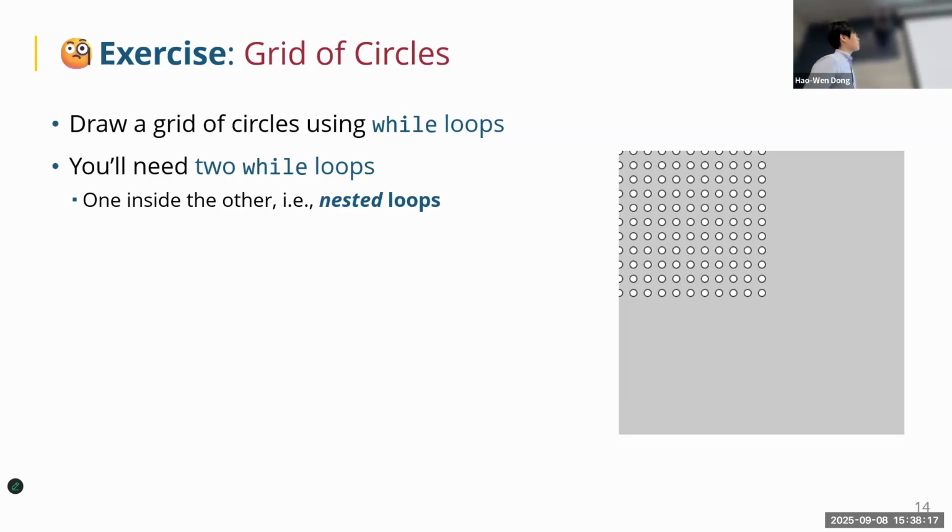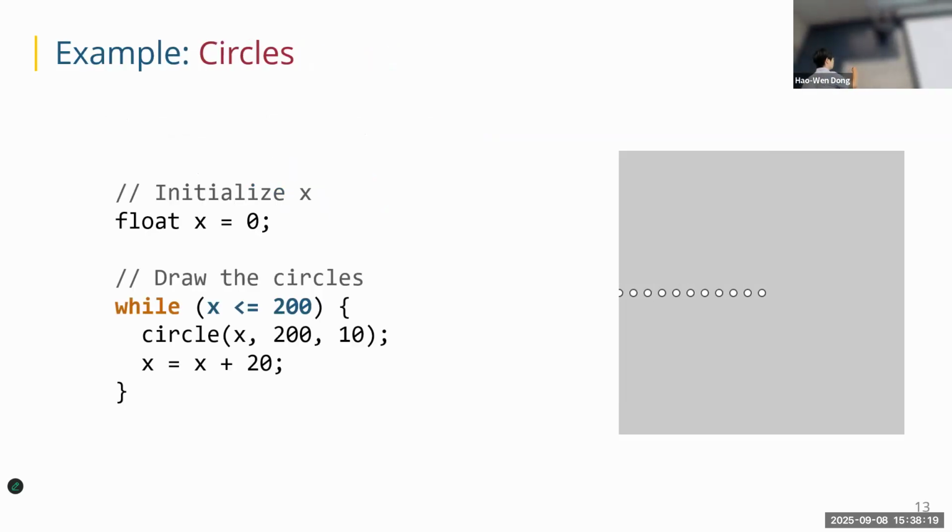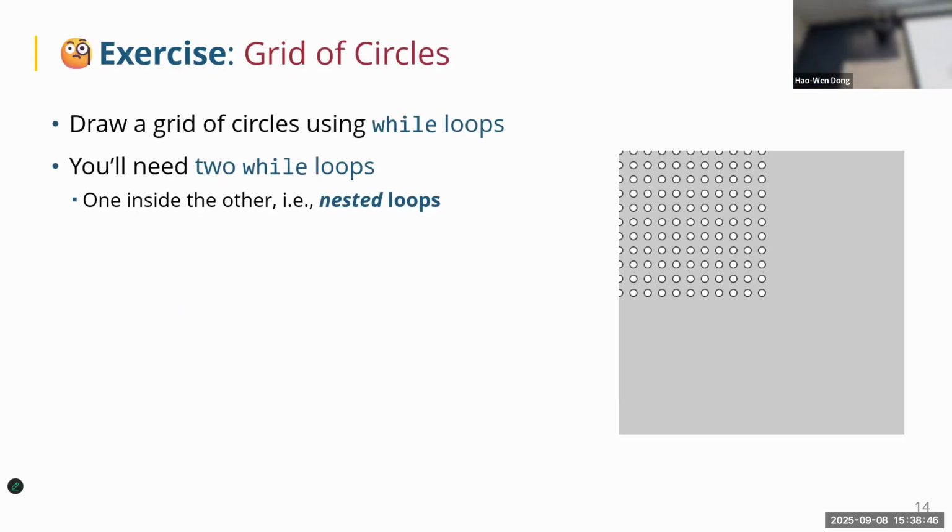So, we have this while x smaller than 200, draw, x plus 20. And now, how can we get another while loop together?